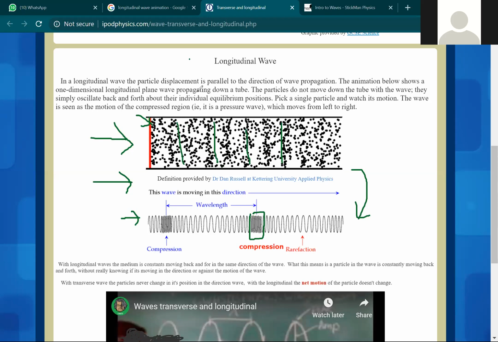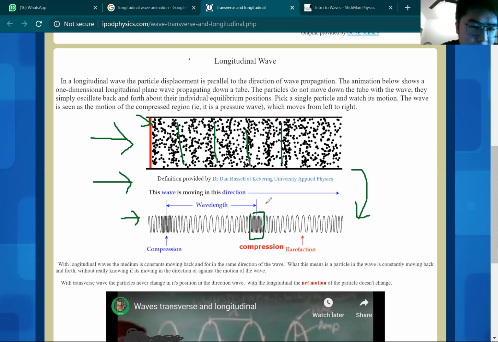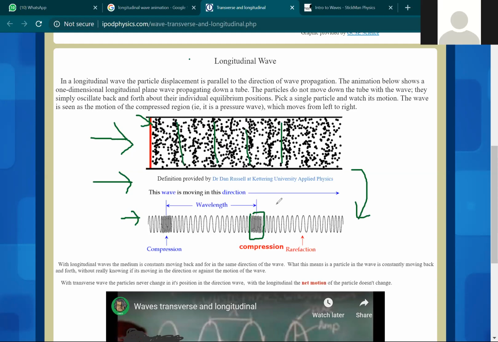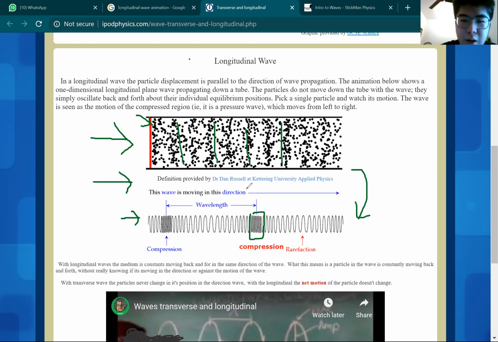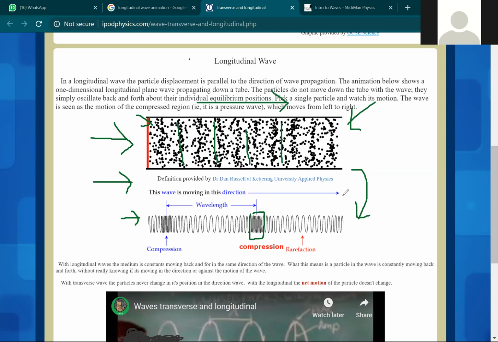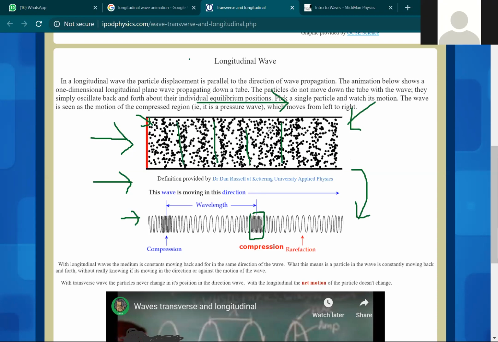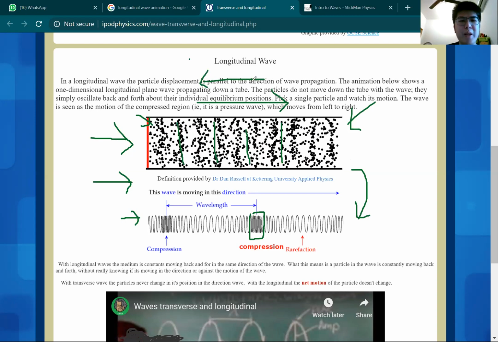So in which direction is the longitudinal wave actually traveling? Where is the wave traveling in the diagram? If you look at this diagram here, the wave is traveling from left to right. Can you see that? It's very hard. This diagram is a little hard to see because there is some wave being reflected.